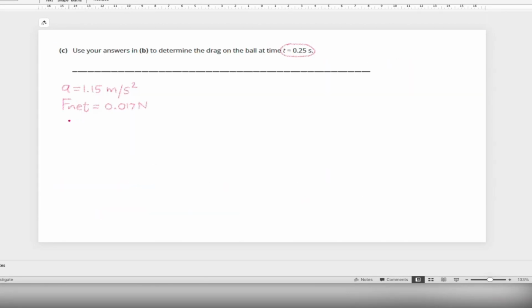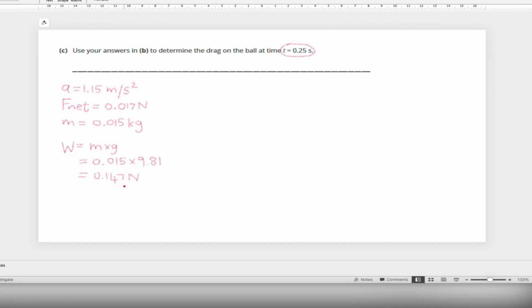And we also know that the mass is equal to 0.015 kilograms. So what we are going to do now is calculate the weight of the ball. Now, the weight is equal to the mass times the gravitational acceleration. So in this case, it will be 0.015 multiplied by 9.81 which gives me 0.147 Newton towards the center of the Earth.